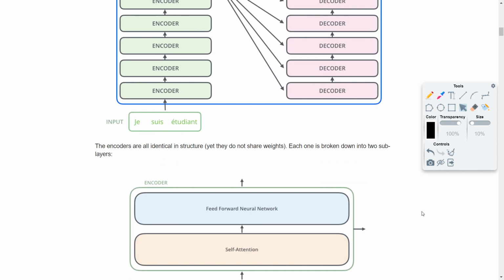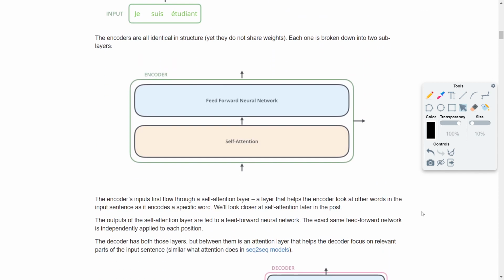Now let's see what each of these encoder components is doing. Each encoder is divided into two major layers. The first layer is the self-attention layer, which is based on one of the attention methods devised by Ashish Vaswani and colleagues in the "Attention Is All You Need" paper.